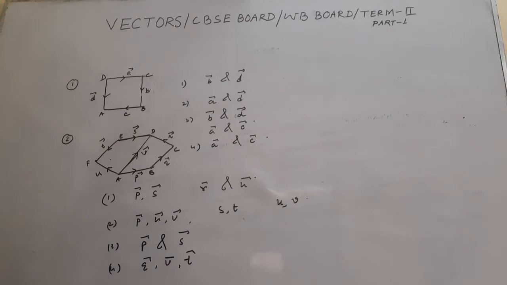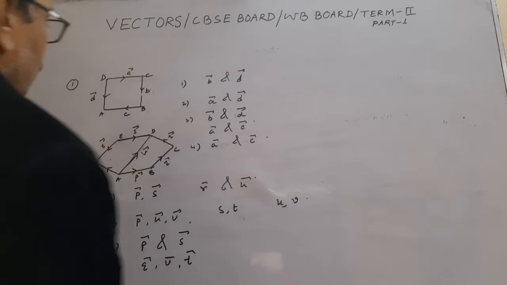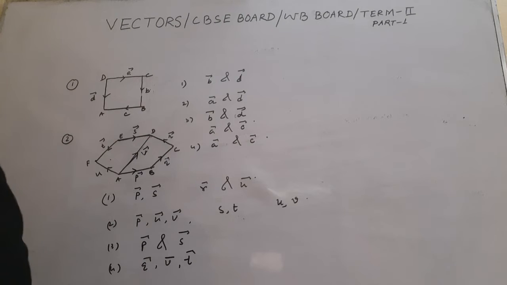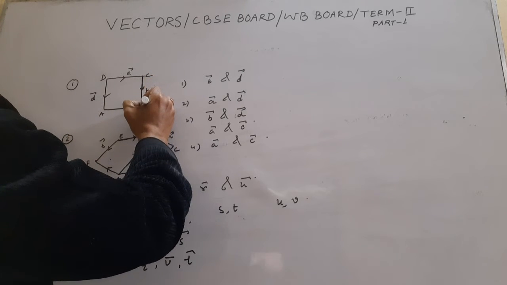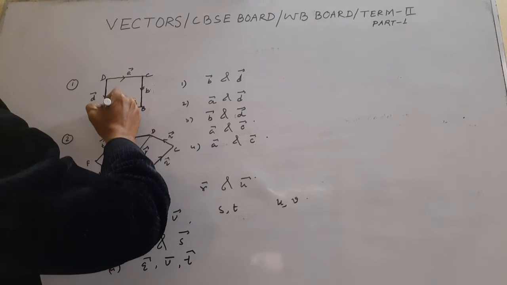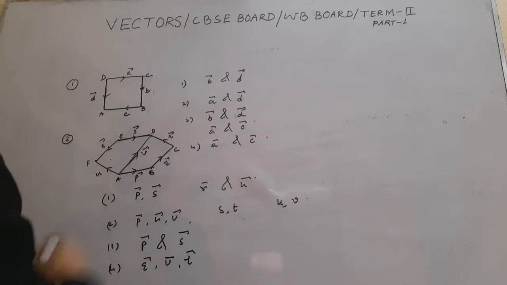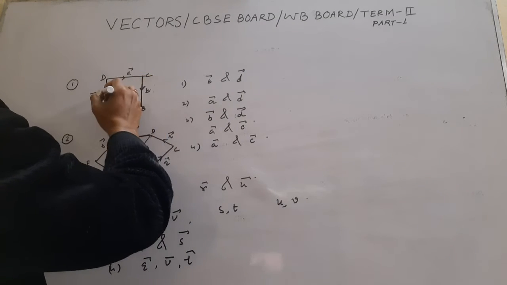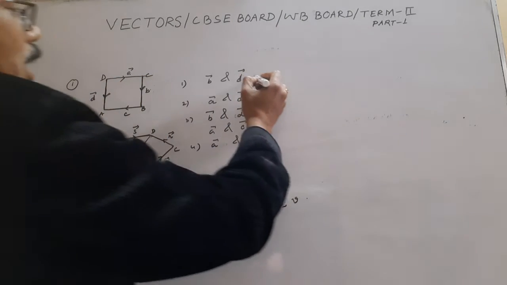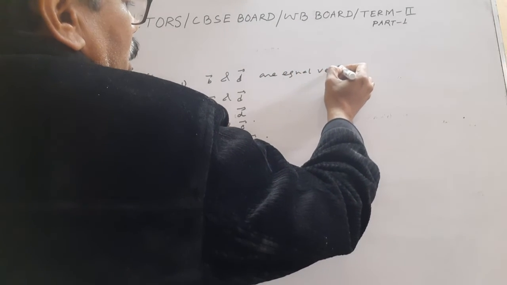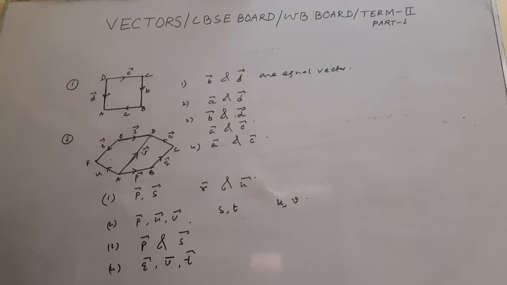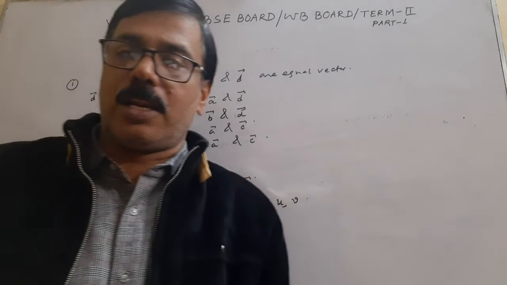What about B and D? Since it is a square, they have the same magnitude and the same direction. So B and D are equal vectors.